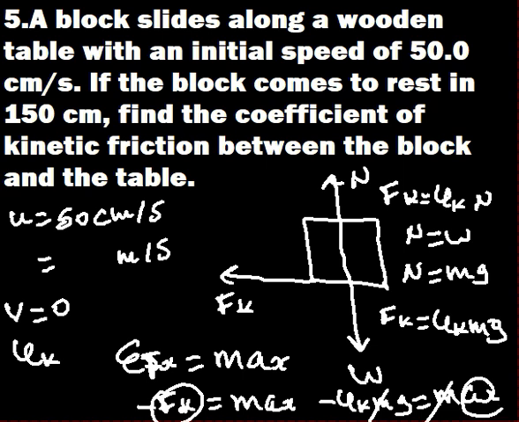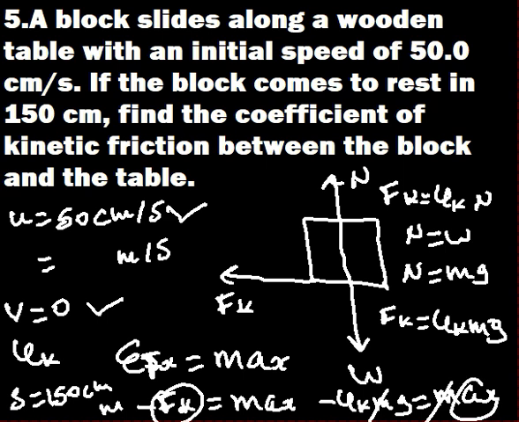What we need now is the acceleration, and the acceleration will be obtained from the equations of kinematics. Since we have the initial velocity, the final velocity, and the displacement as well, which is 150 centimeters, but it has to be in meters, you have to convert.